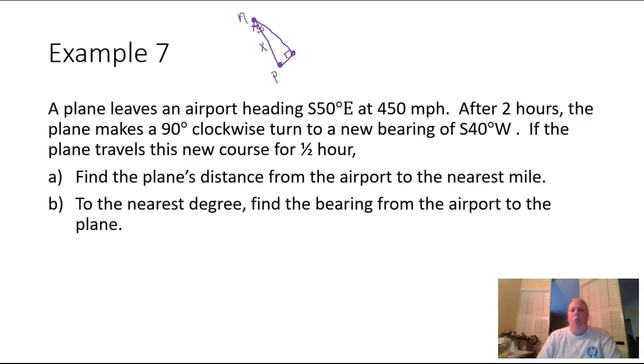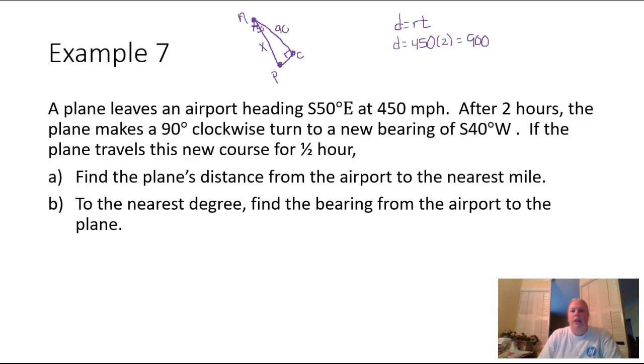Okay, one thing we know is that the distance right here, we'll just call this C, we're going to use that distance equals the rate times the time formula. So the plane is traveling 450 miles per hour for 2 hours, which means that the plane has traveled 900 miles.